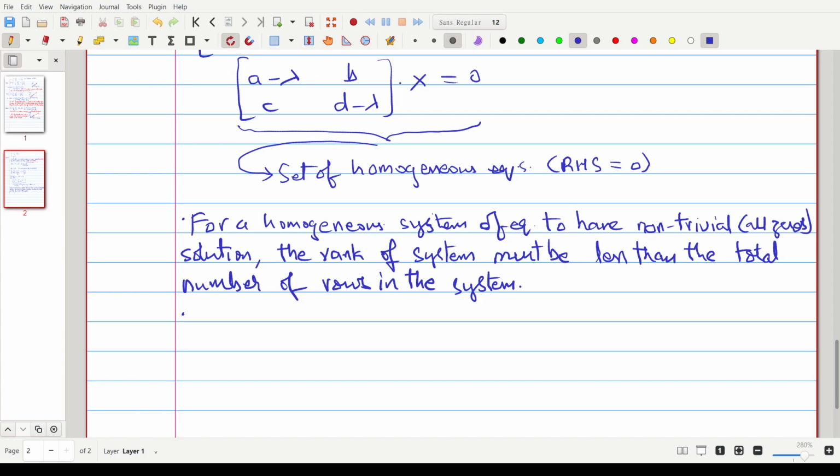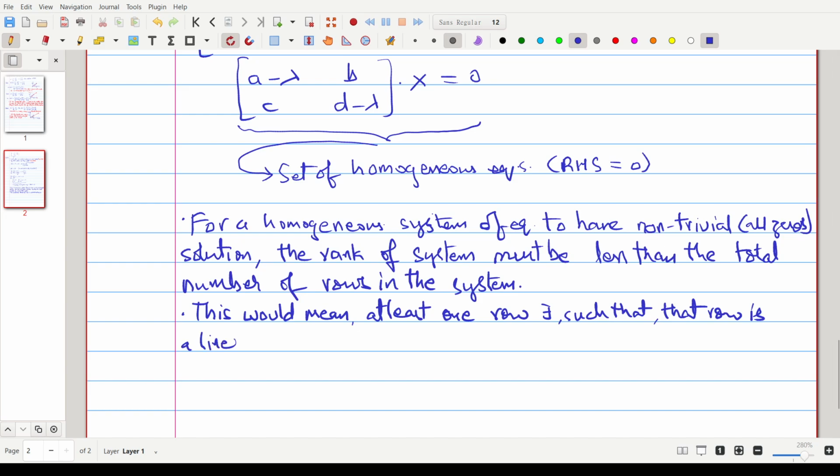And when this happens, this would mean at least one row exists such that that row is a linear combination of one or more other row or rows in the system.